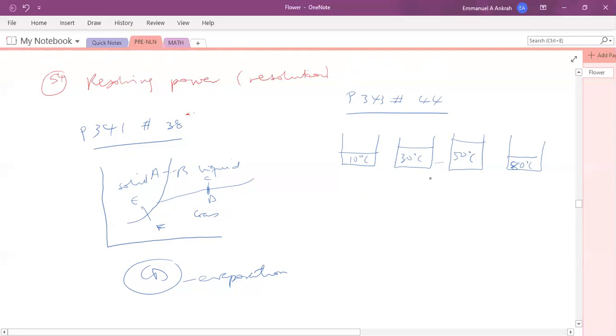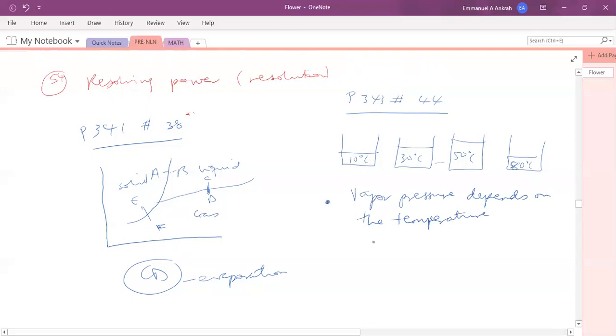The vapor pressure depends on the temperature. Okay, that's a key.